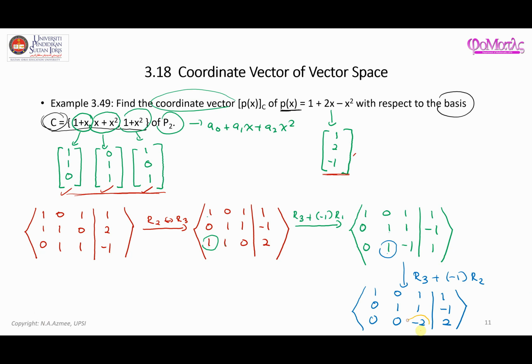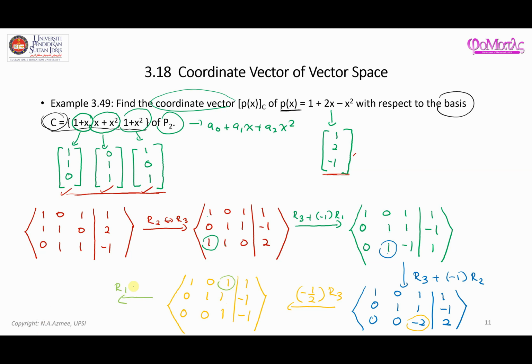Next, turn this into 1, so multiply the third row by negative 1 over 2. And so the result is 1 0 1 1, 0 1 1 negative 1, 0 0 1 negative 1. Now I should turn this to be 0, so I will consider the change in R1.